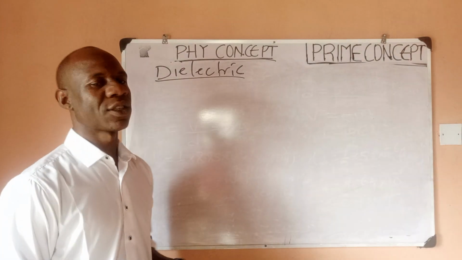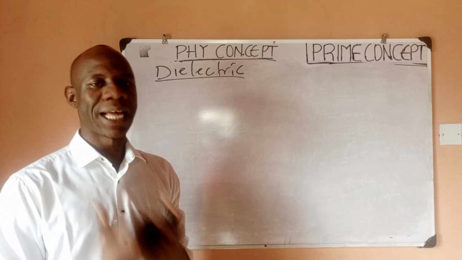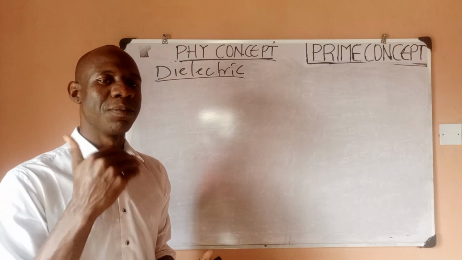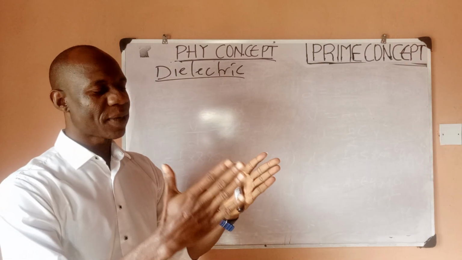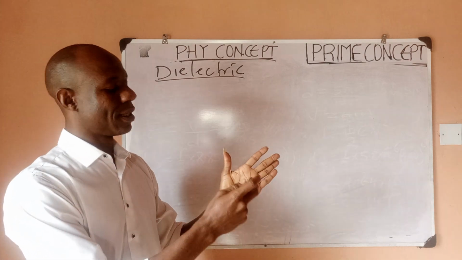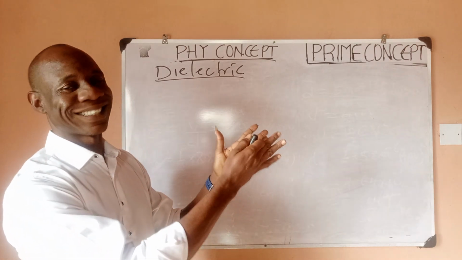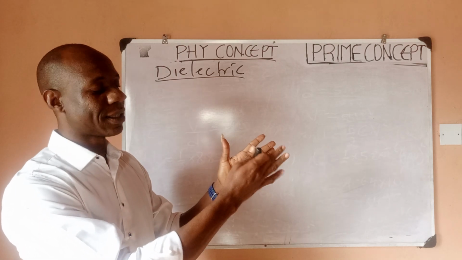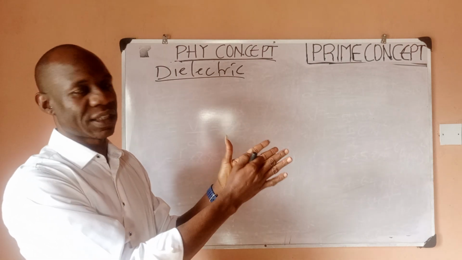Now, when we started studying the concept of capacitors, we mentioned that a capacitor is an arrangement of two parallel plates separated at a certain distance, and in between there is nothing separating them.